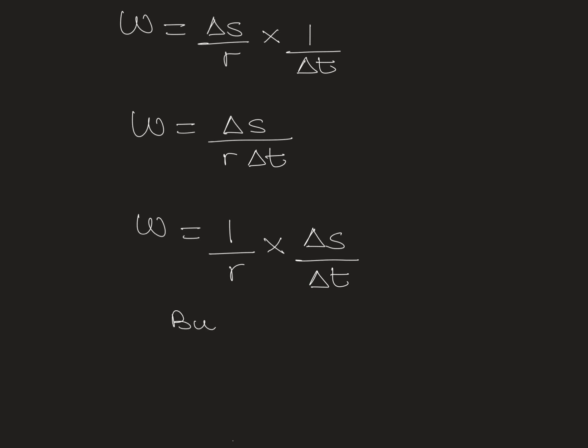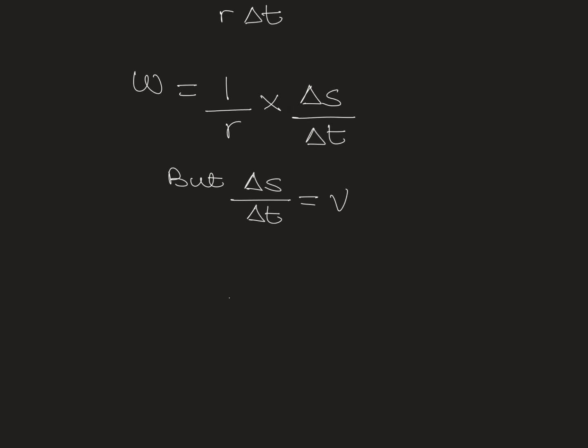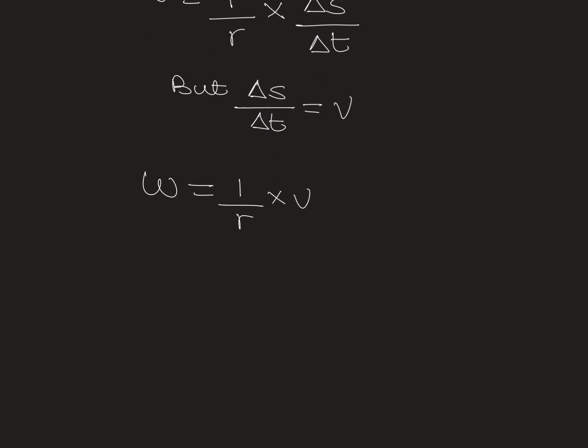So change in the displacement divided by change in time is equal to v. Which means where I have change in displacement divided by change in time, I can replace it with v. That is omega is equal to 1 over r times v. So omega is equal to 1 times v, which is v divided by r.